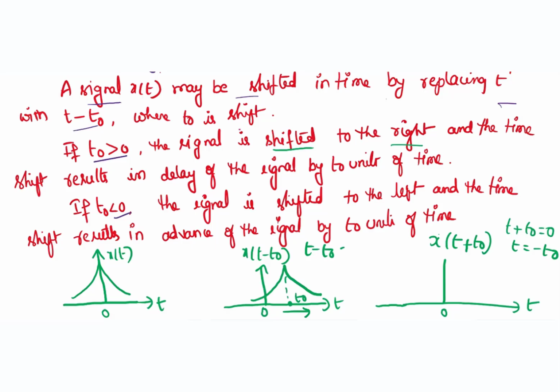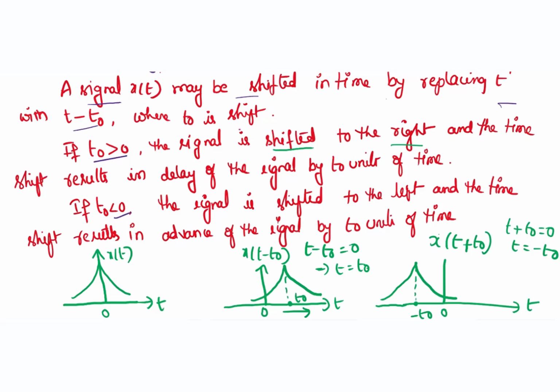Here also you make t minus t naught equal to 0 and you get t equal to t naught, at which the signal center will occur. So this is your minus t naught. See the signal, the center is at minus t naught.